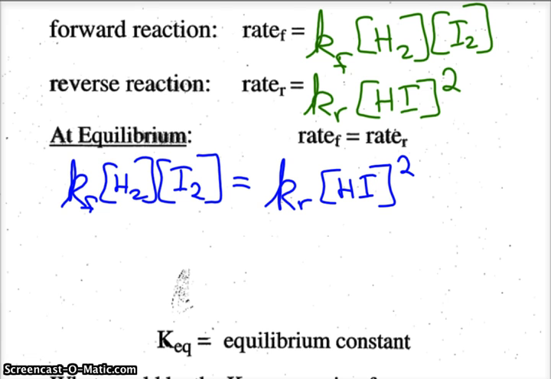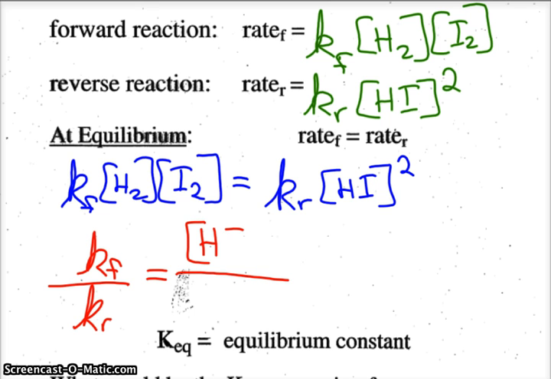We're going to rearrange this equation so that we get our constants on one side and our concentrations on the other. So we get k forward over k reverse is equal to the concentration of HI squared over the concentration of H2 times the concentration of I2.